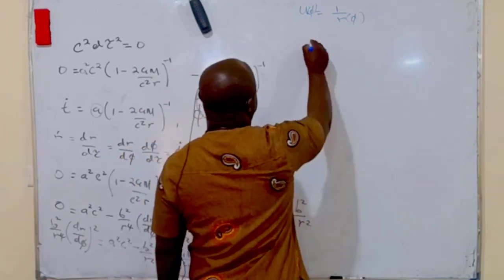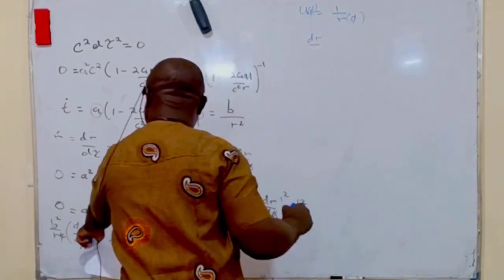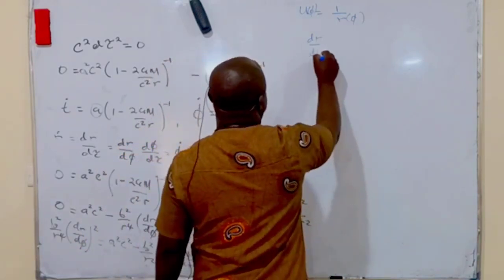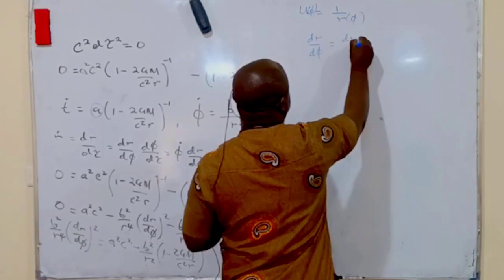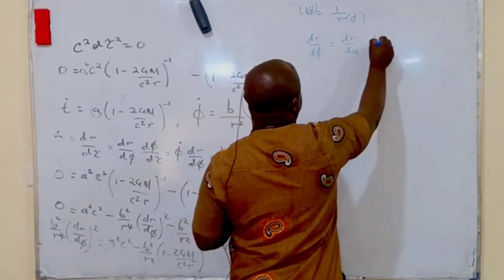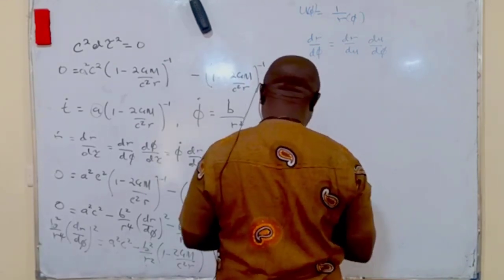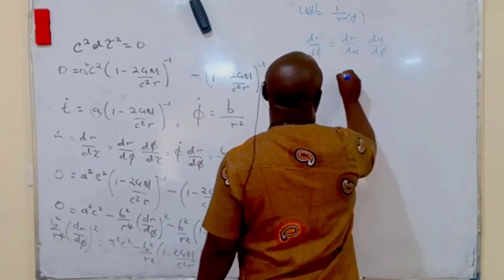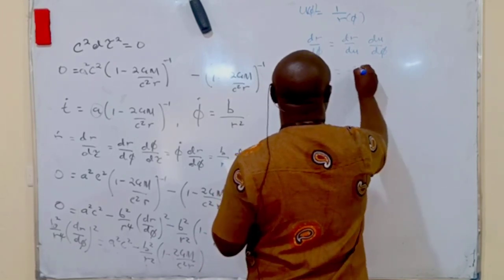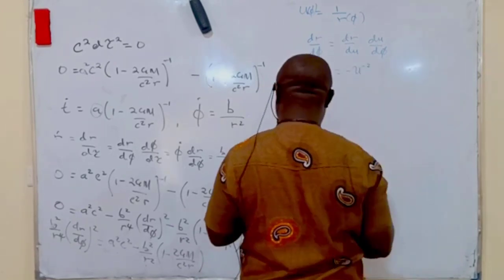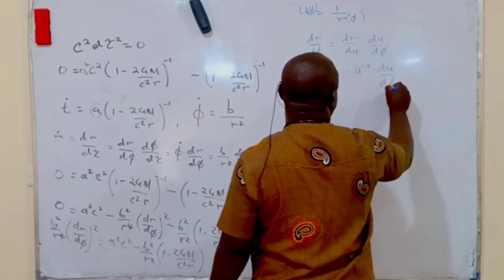So again, what we have here is dr by d phi. Our dr by d phi will be our dr by du, then our du by d phi, which will be minus u to the power minus 2 du by d phi.